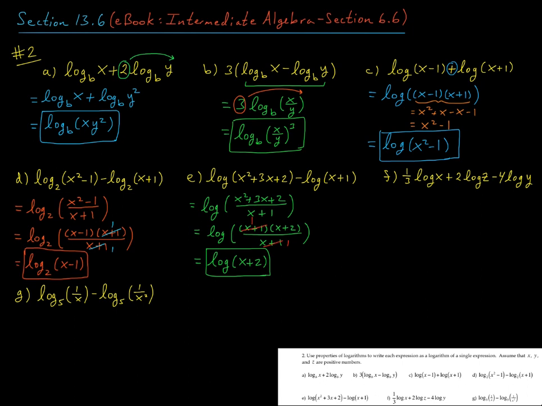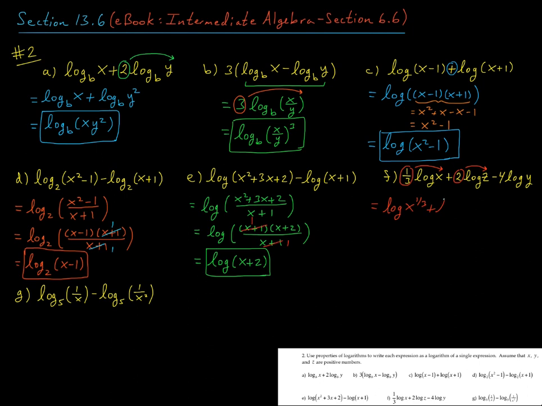Okay, so a lot of different things going on here. Well, first notice this 1/3 is multiplying this logarithm, so it can come up in this exponent position. So it's going to give us log of x to the 1/3 power. This 2 is multiplying the log of z, so it can come up in the exponent position for z.